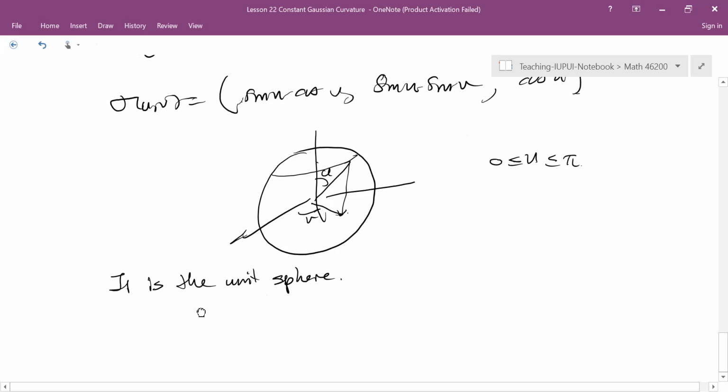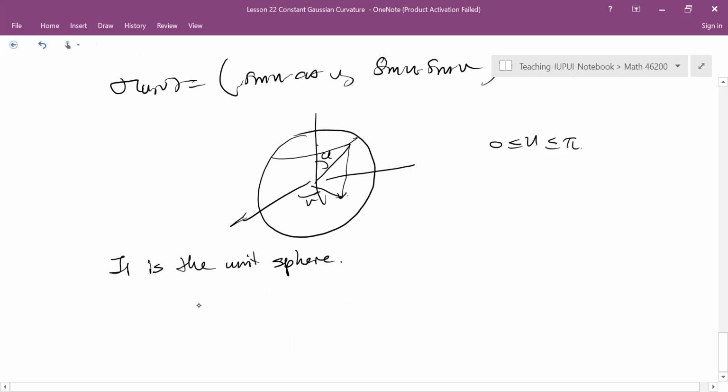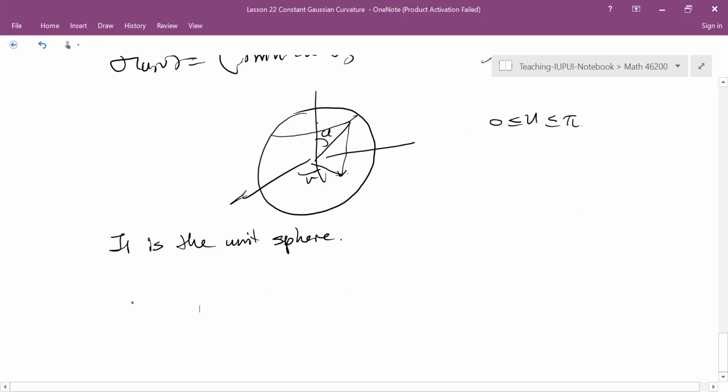Now, what happens if we choose f of u to be another constant, let's call it r sine u? This also satisfies this equation.